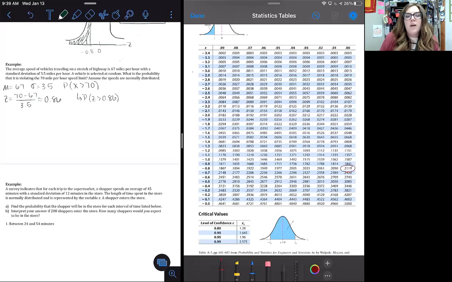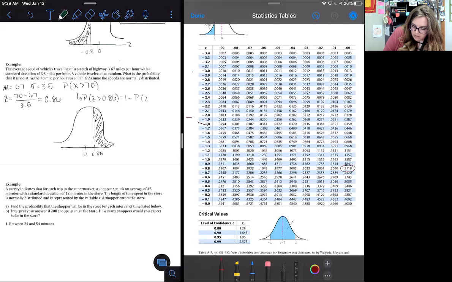But remember, when we find the probability to the right, so I'm going to sketch that. When we find the probability to the right, we're actually doing 1 minus the probability to the left.